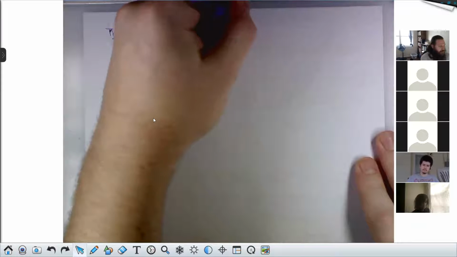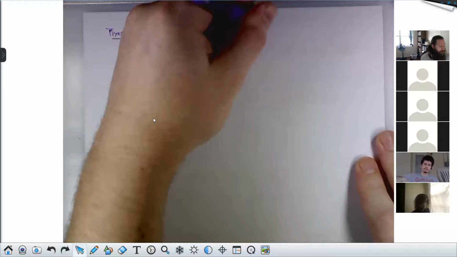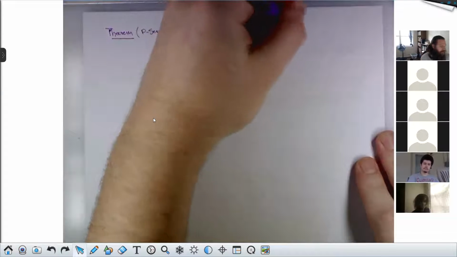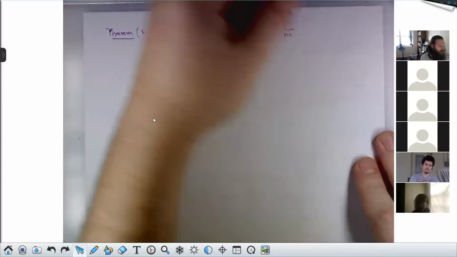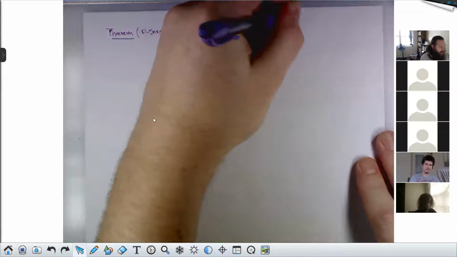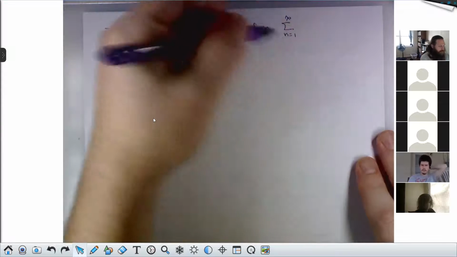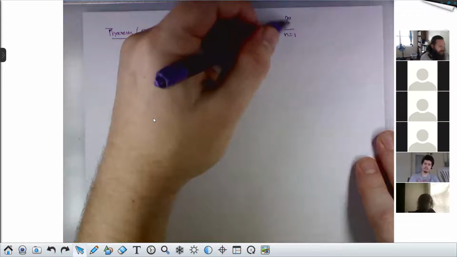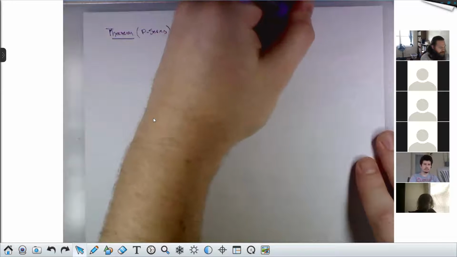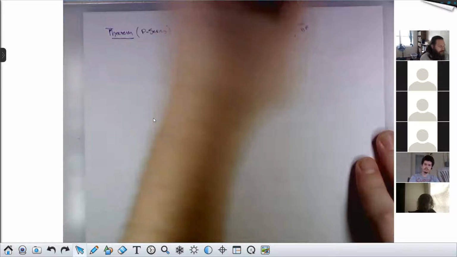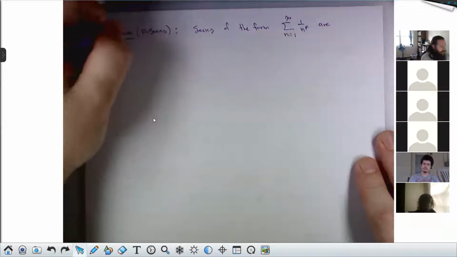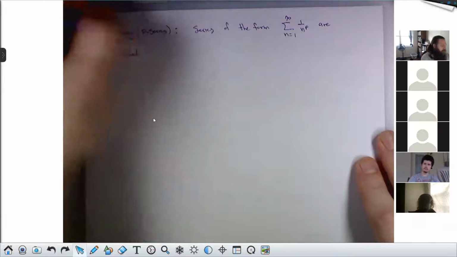So series of the form sum over n from wherever, I'm going to say from 1 to infinity, but it could start at 2 or 3 or 4, of 1 over n to the p are called P series.